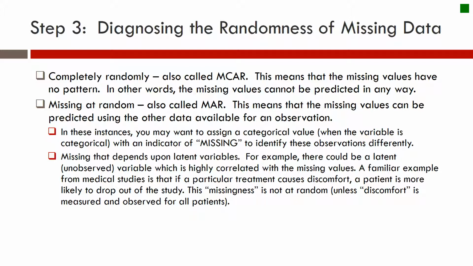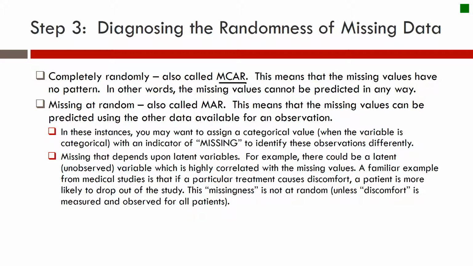That would be the MCAR, and it means that there's absolutely no pattern in the missing data. The missing data variables can't be predicted in any way. That's good. If you're going to have missing data, that's the type of missing data that you want, because you really can't do anything with that, but it doesn't negatively impact the relationships between your variables in a way that would be concerning.